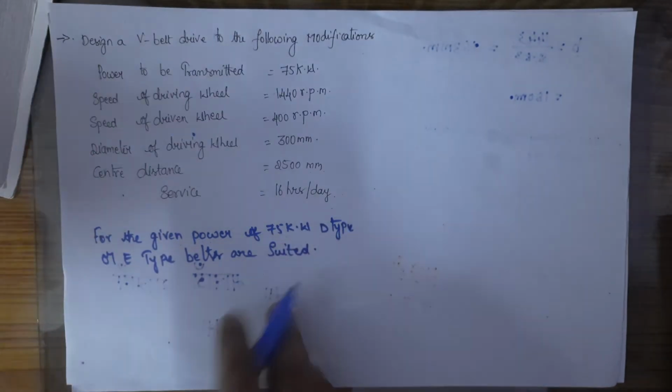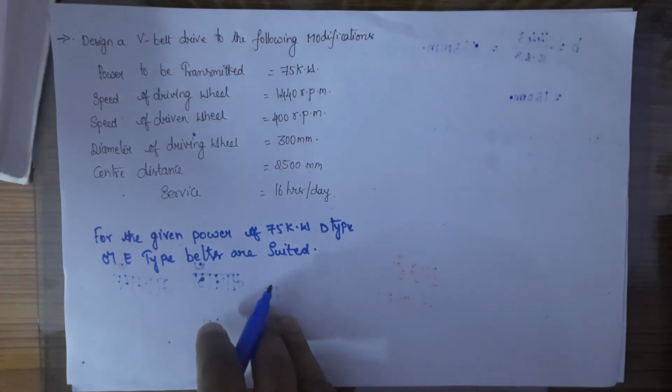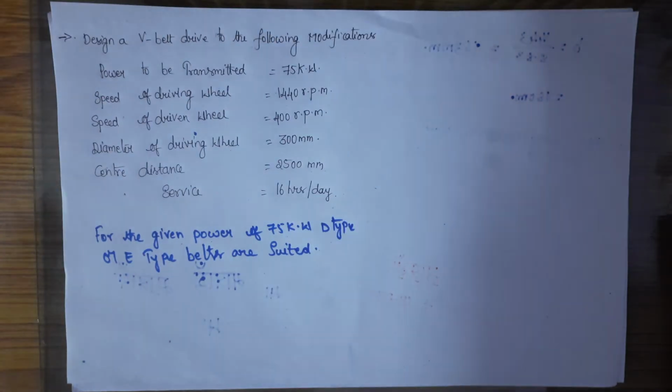After selecting the D type belt, we have to calculate the design power. Why should we calculate the design power?